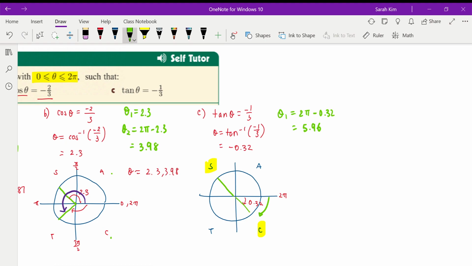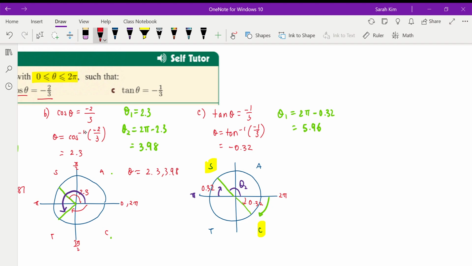So that's my first angle, and all I need to do is find my second angle, which is on the other side. So I need to find this angle, and rather than trying to add it, subtraction might be easier. So you've got pi, and that angle is exactly the same, 0.32, just utilizing some idea of a parallel line.